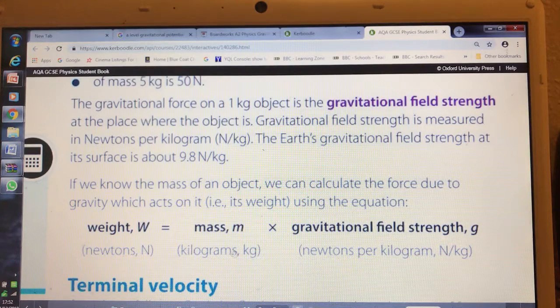If you take the same mass on another planet, could be Jupiter or Neptune, the gravitational field strength on Jupiter is going to be a lot larger. So when we multiply the mass of an object by a gravitational field strength that is a lot larger, the force experienced by the mass is going to be a lot larger as well. Therefore, the weight is going to be a lot larger.